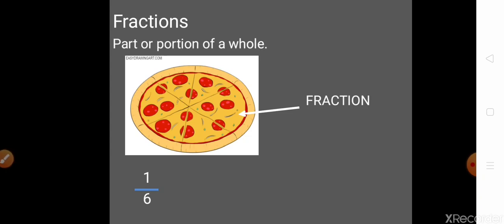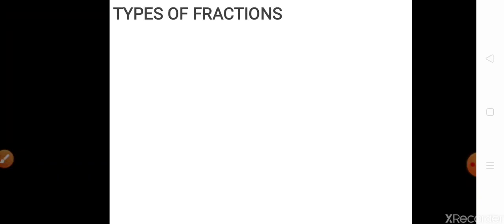Now, next we have the types of fractions. Now, based on the type of numerator and denominator, we can categorize fractions into mainly two parts. Okay, and one more part is there, but we'll go to that later on.